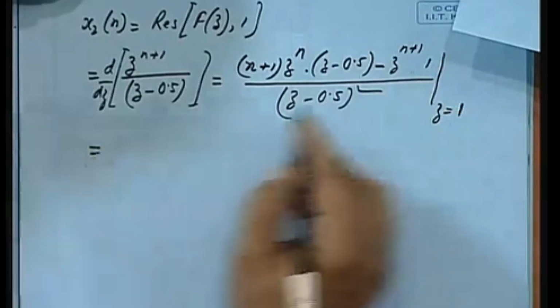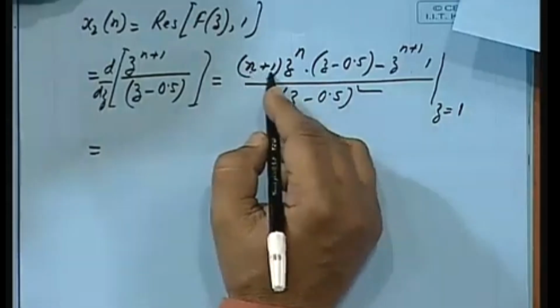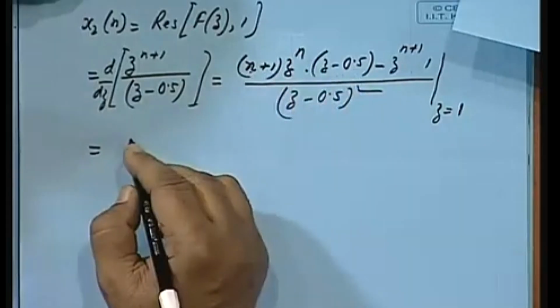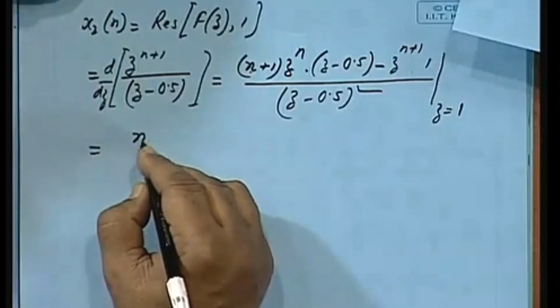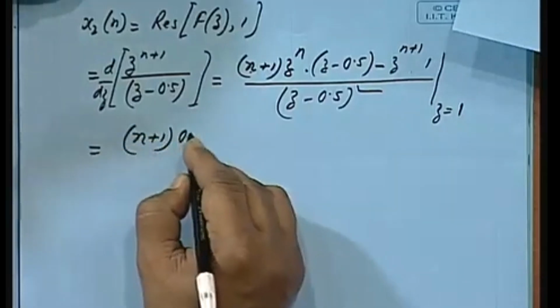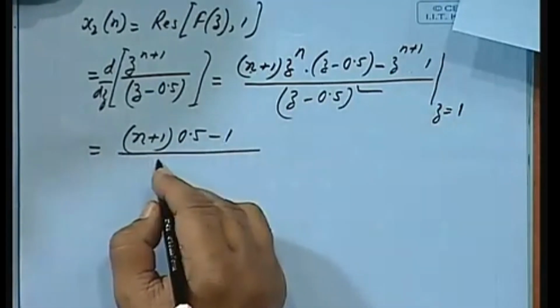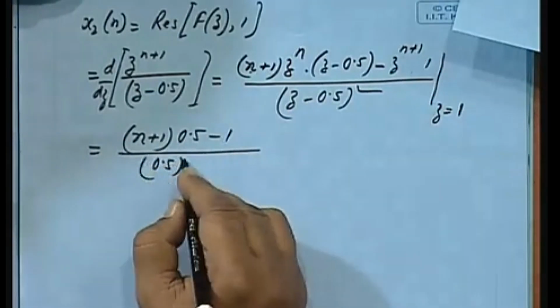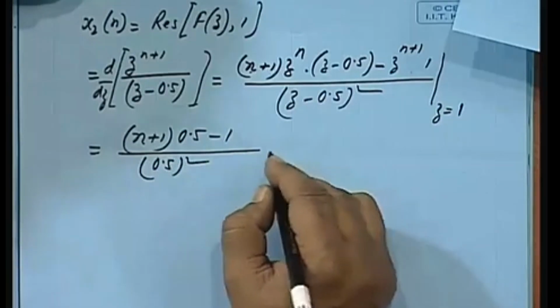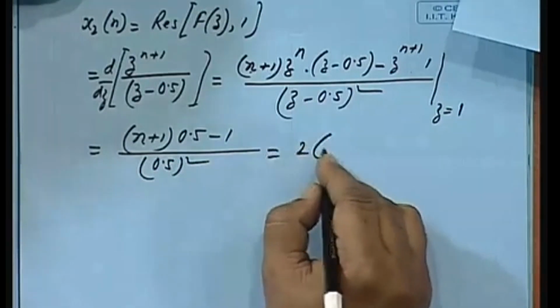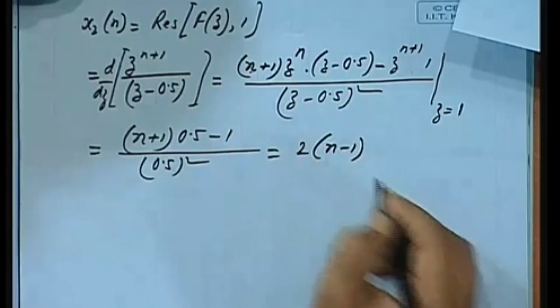So, if you put 1, that gives (n plus 1) into 0.5 minus 1, divided by 0.5 squared. So, that gives me 2 into (n minus 1).